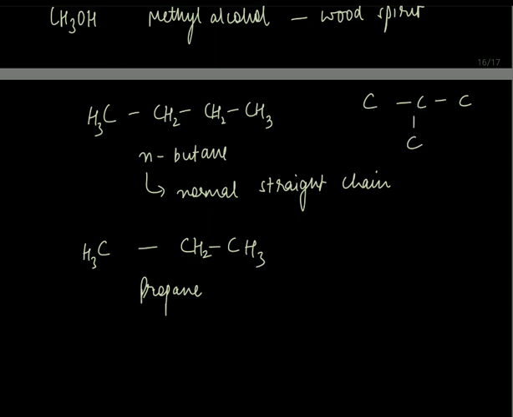Isomers are basically organic compounds having the same molecular formula but different structure. So with these four carbon atoms, I can put a branch in the middle. This is not a straight chain, so we can't write N-butane here. But when it comes to propane, you can't do anything. There is no possibility. There are three carbons, and that is the minimum chain that you can have. You can have two carbons, so we are not going to write N-ethane. Similarly, for propane, we are not going to write N-propane.